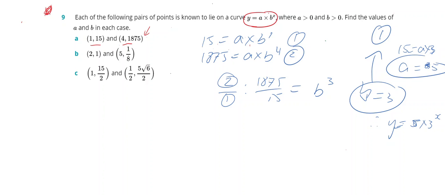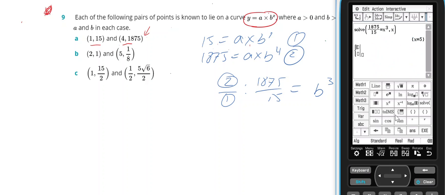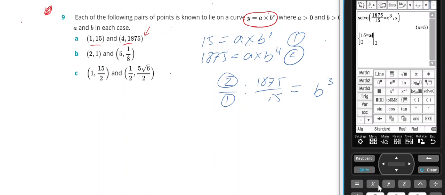The other way you can do it, still on your CAS, is to use the simultaneous tool. So you can go 15 equals, I'm going to use x for a and y for b for convenience, x times y to the power of 1, and 1875 equals x times y to the power of 4.